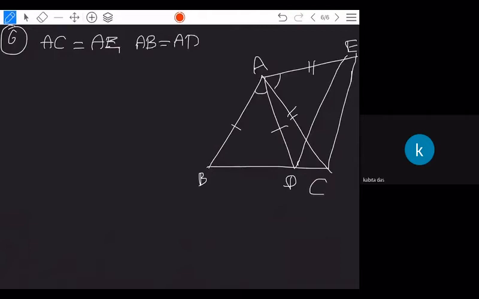Angle BAD is equal to angle EAC is given. Now it is asking you to prove BC is equal to DE. So what is asked to prove here? BC is equal to DE.